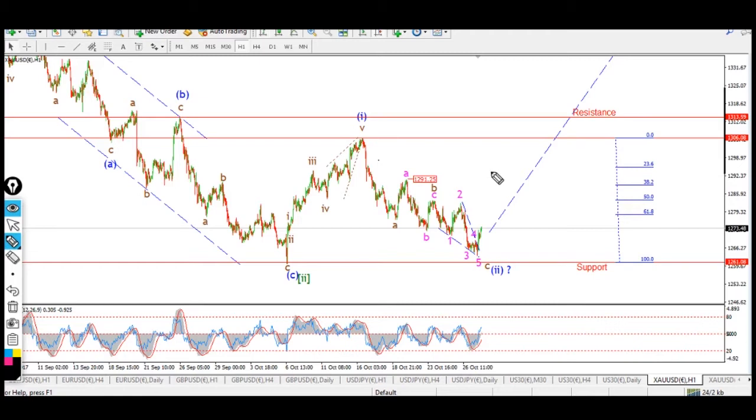But even for my own trading and my own longer-term investing, from an investment point of view right now, I think I'm long gold, big time. From a trading point of view, we still need to see some confirmation to the upside.